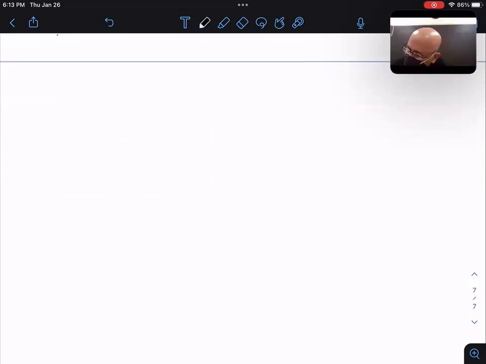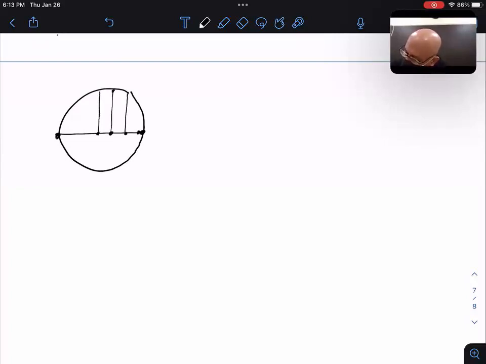This is the circle. Let's say this is the interval. Okay, so now I want to, this point remains, this point remains, this point goes here, this point goes here, this point goes here, etc. This is going to be my mapping.